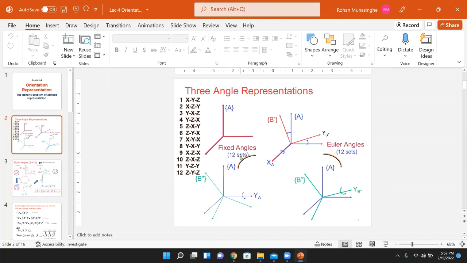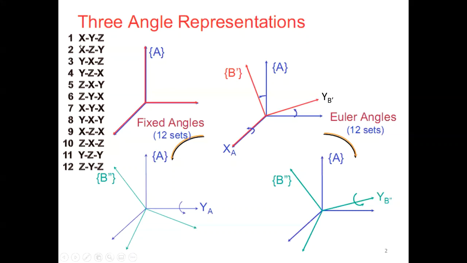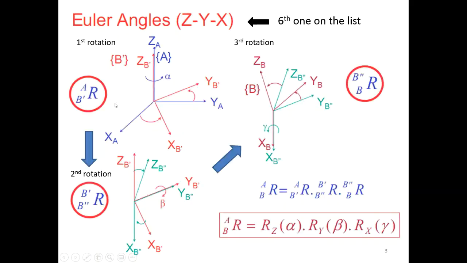Now, we have a choice here. Either we want to stick to Euler angles or fixed angles. And out of these 12 optional sequences, we will pick up ZYX, okay? So then let's look at Euler angle rotation.